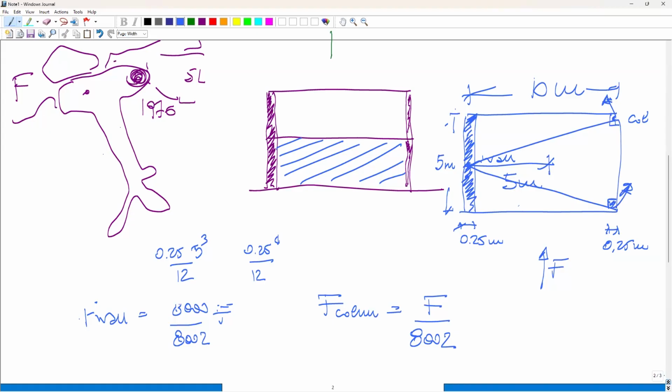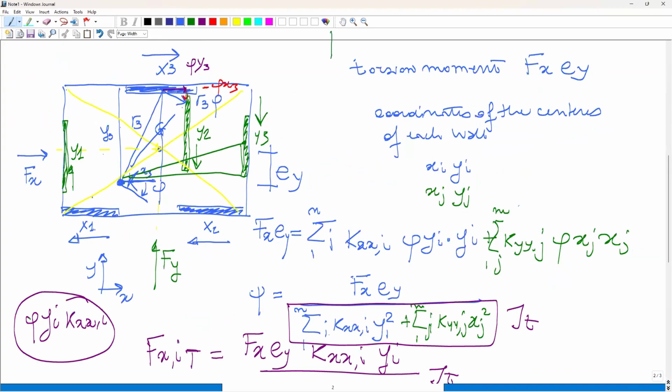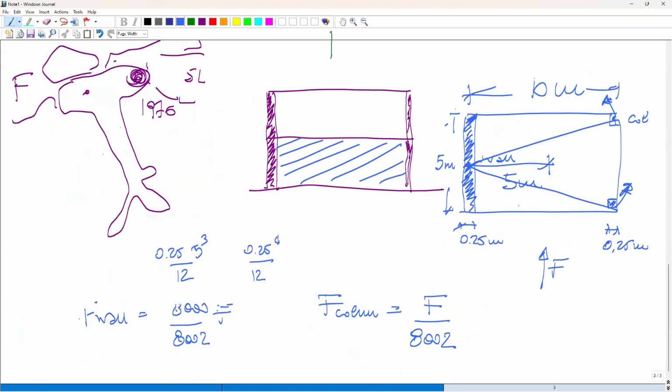So if you go back to this formula here, in this quantity the wall does not count, or well, it's in the green part, because the xj of the wall is 0, or it's so small that you can neglect it. So what you have is F times 5 meters divided by the polar moment of inertia, and the polar moment of inertia is the stiffness of the column that we have said is 1, but times what?